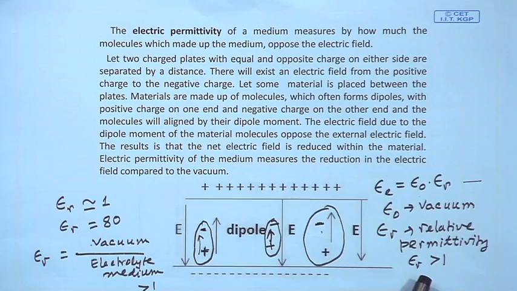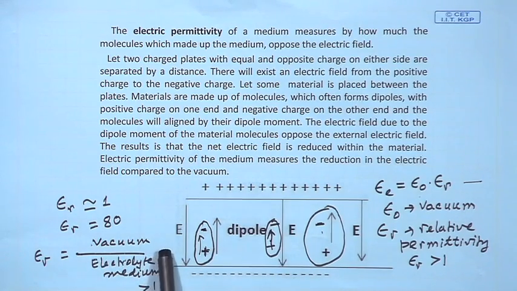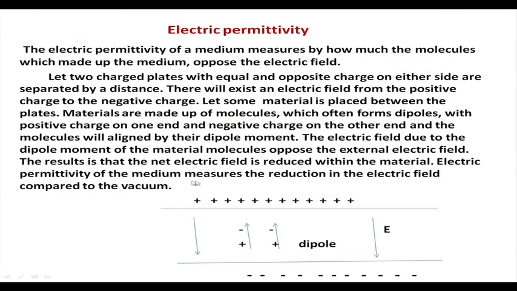And this epsilon r is greater than 1, and epsilon r can be defined through the force when two point charges are placed in vacuum. Whatever force the two point charges experience, and now if I place these point charges in the medium, whatever force they acquire, that is what is written over here.